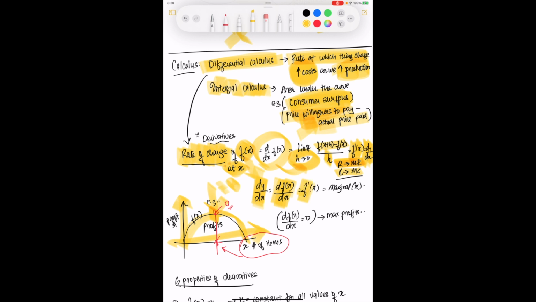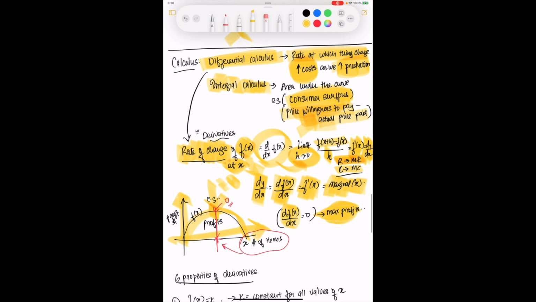It's the same as f dash of x, or it can be the same as marginal x, right? So in this specific example, if you want to find out max profits, you do d f of x by dx equals 0. Yeah. So understanding how to find rates of change is important because then you can find out where it is peaking, as an example.